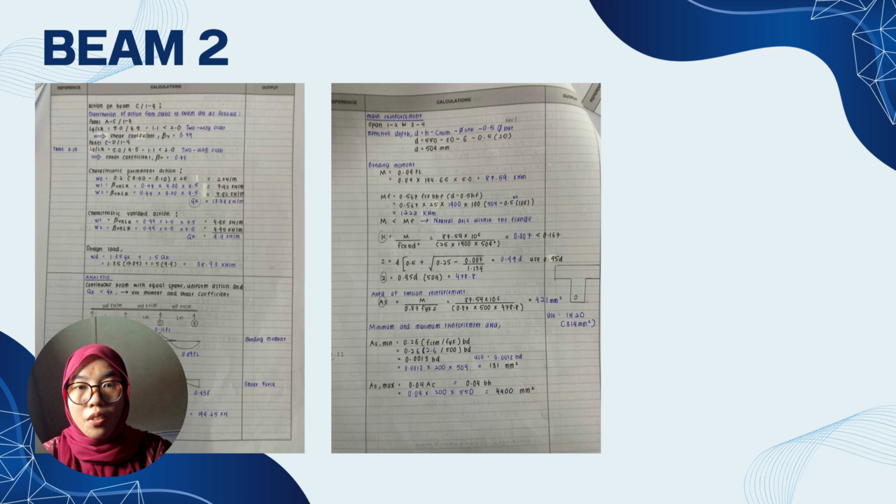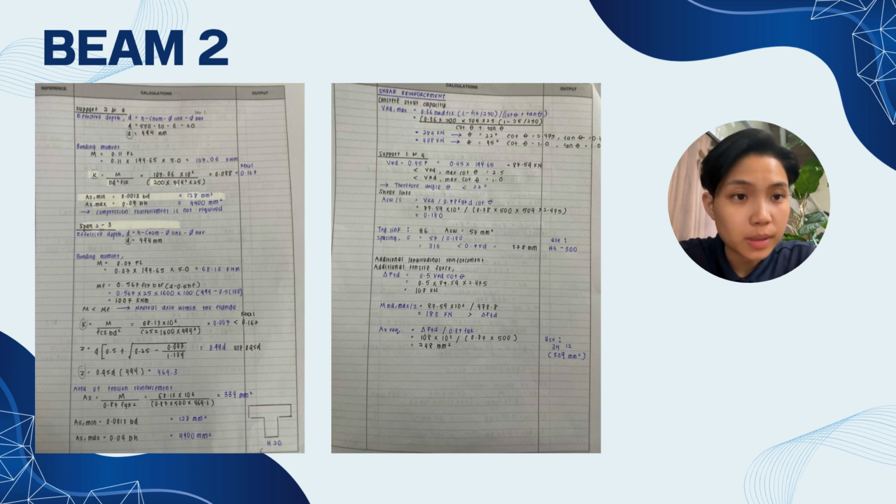So based on the calculation for beam 2, we determine the suitable beam size, the number and size of reinforcement bars, and the spacing between the bars. We also ensure that all values are within safe limits according to design standards.